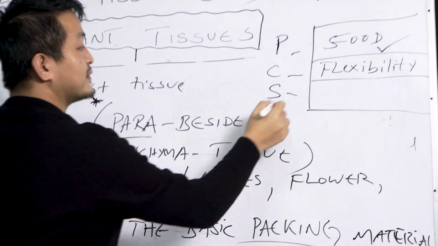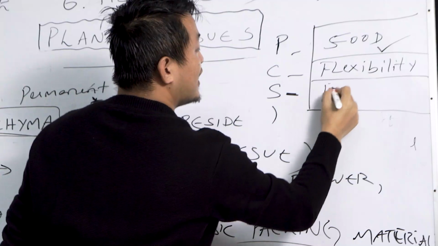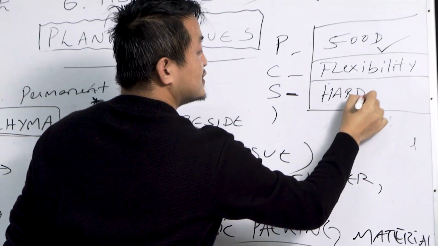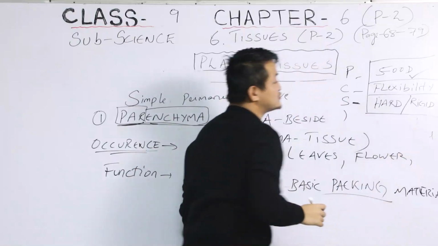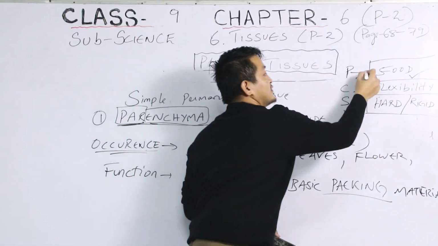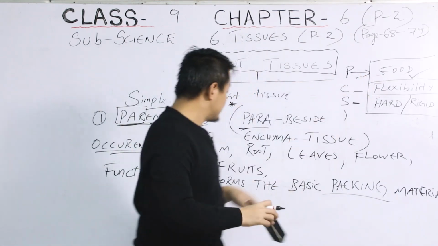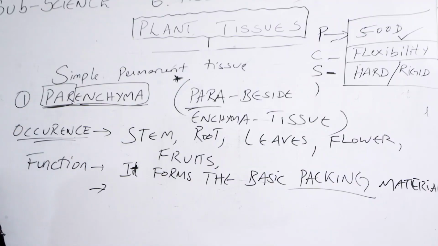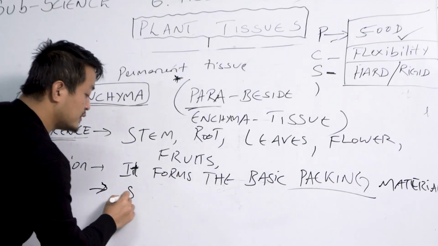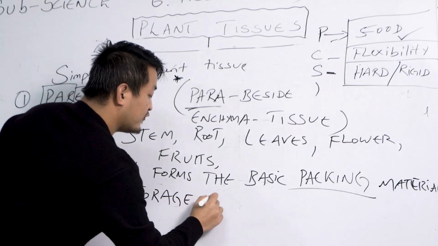And then the last one would be about hardness or rigidity. So I'm sure you'll remember this one. I told you that parenchyma is about food, right? So now the second important function that we'll write for the parenchyma is storage of food.